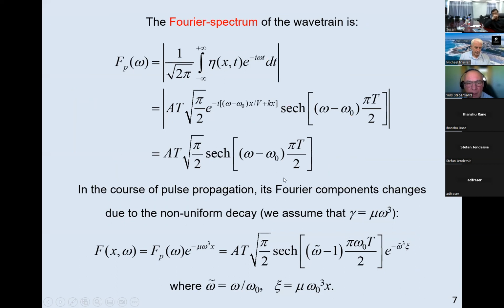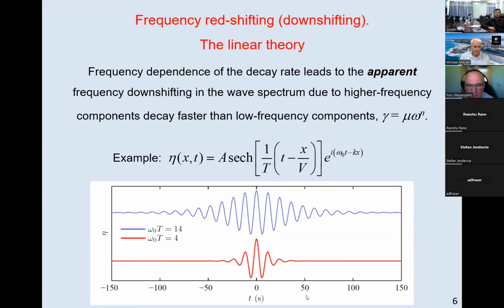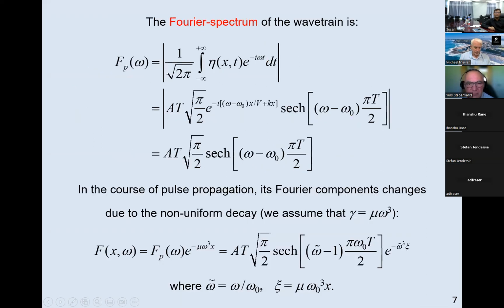Then for such a particular wave train, we can calculate easily its spectrum. And the spectrum, after calculation, is presented here by the function sech.